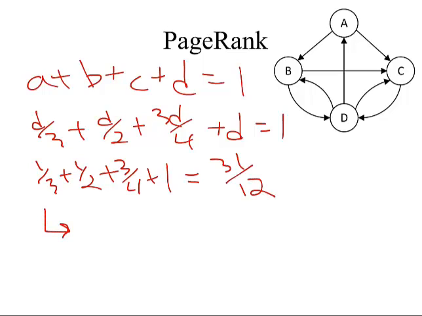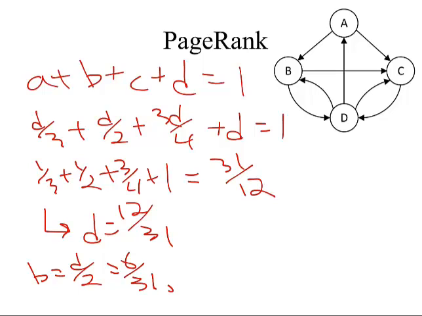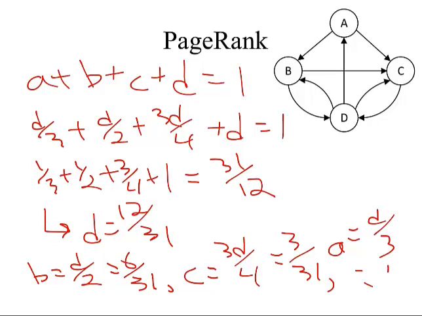So that tells us that D is 12 over 31. And similarly, we know that B is D over 2, which is 6 over 31. That C is equal to 3D over 4, which is 9 over 31. And that D, we already have D, 12 over 31. But finally that A is D over 3, which is just 4 over 31.